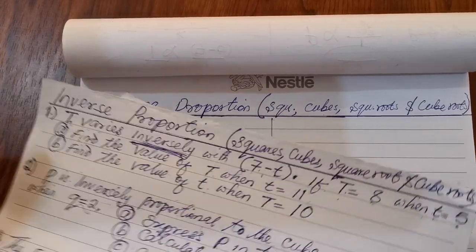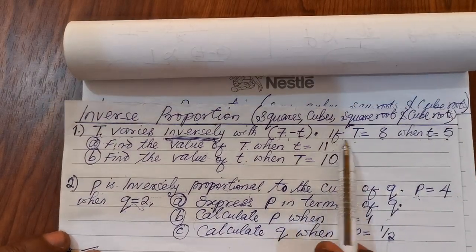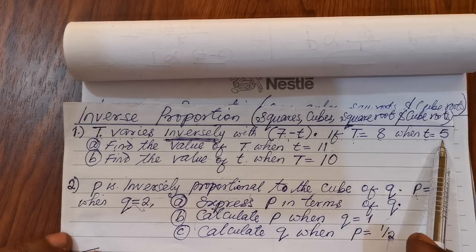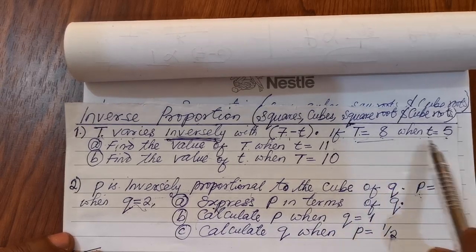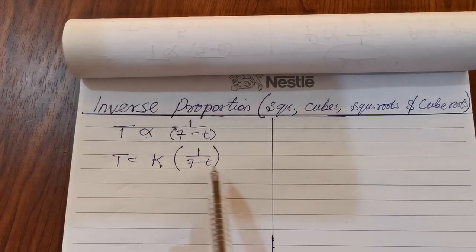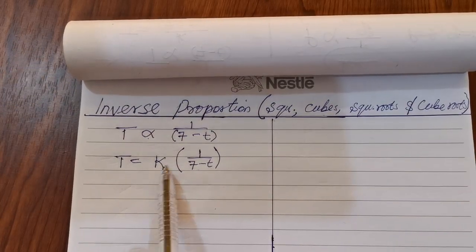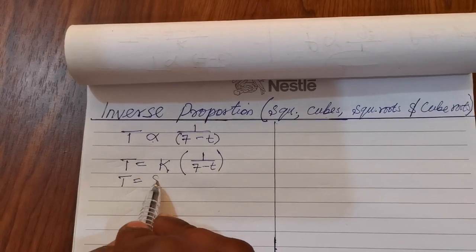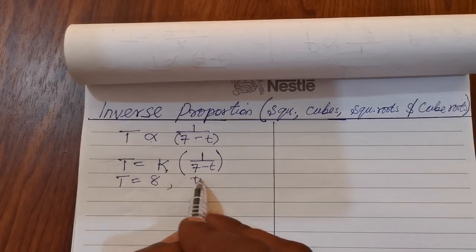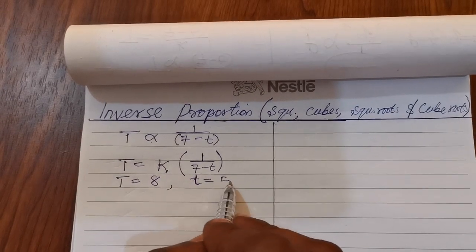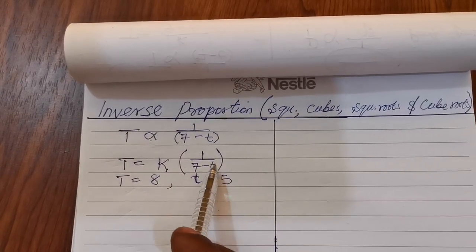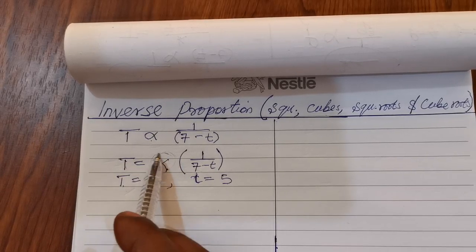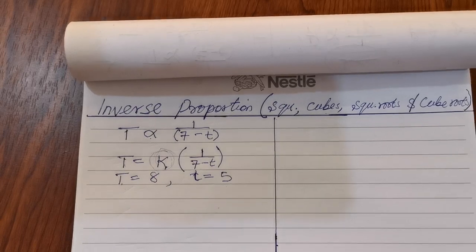Okay, now the second sentence says if T is equal to 8 and small t is equal to 5, with these two, big T is equal to 8, small t is equal to 5, we can find the value of k. So if I substitute my small t here and substitute my big T here also, I can find this constant of proportionality.